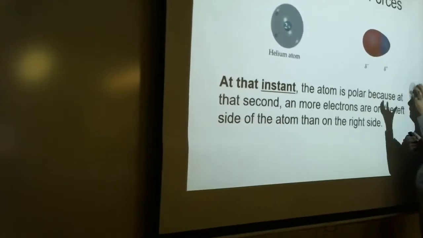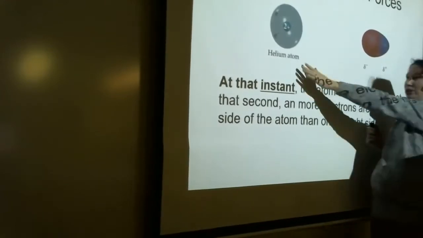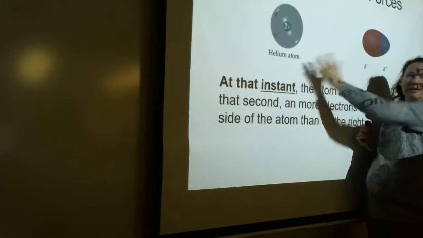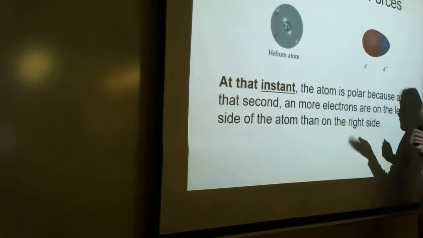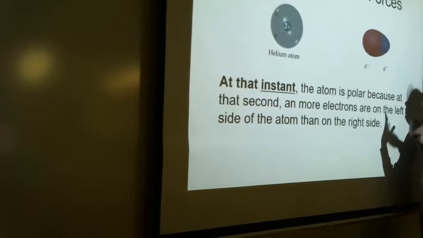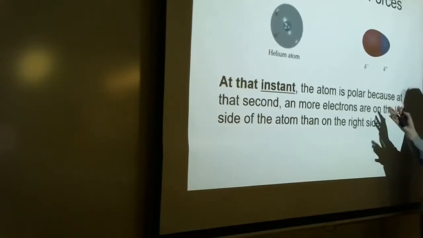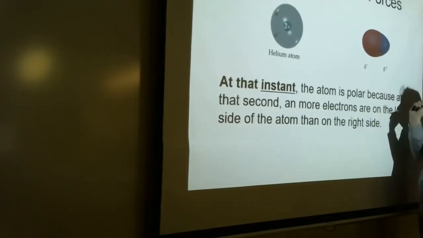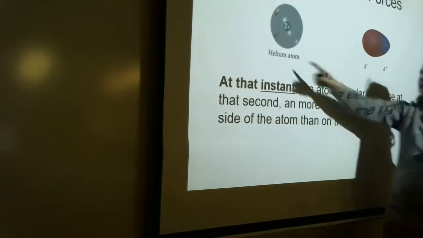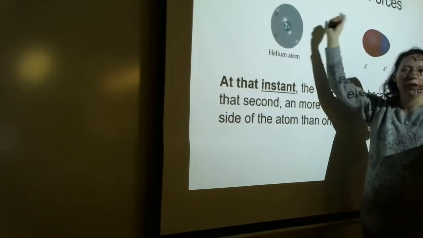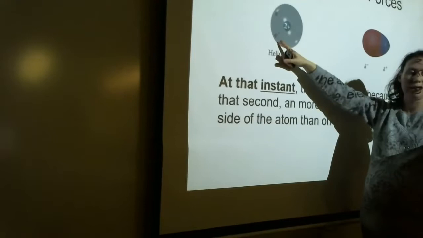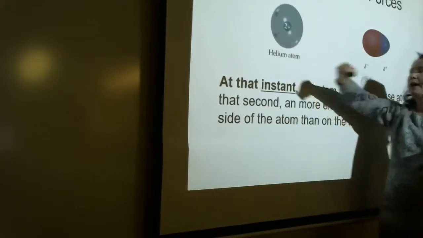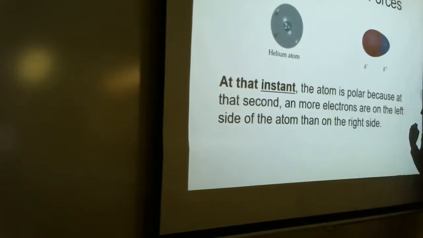So for a second, this little atom actually looks like a magnet, because a bar magnet has a positive end and a negative end. For that tiny split second, this looks like a little bar magnet with a negative end and a positive end. Now, of course, these electrons are going to move, so this is not a permanent condition. It's just for a split second.